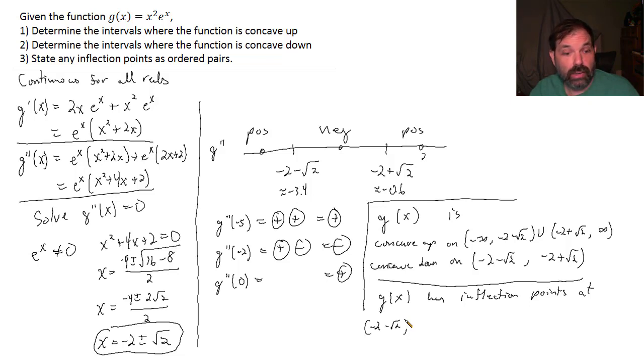And let's substitute negative 2 minus the square root of 2. And that gives me approximately 0.3835. And at negative 2 plus the square root of 2, that gives me 0.1910.